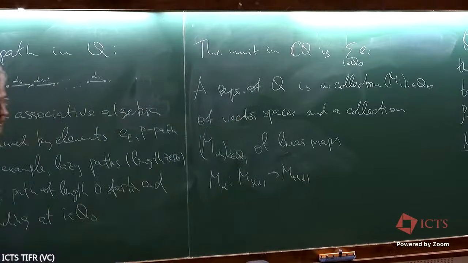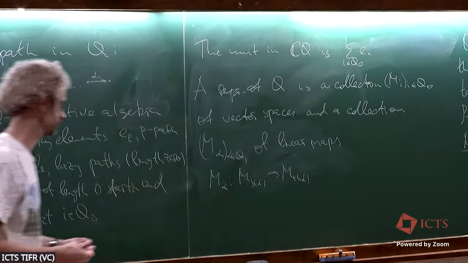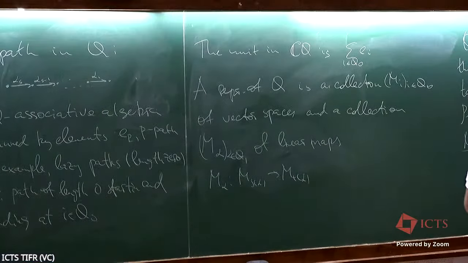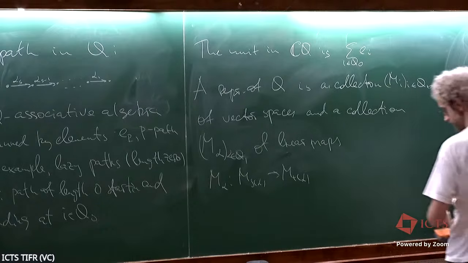So for each vertex you give a vector space, and for each arrow you give a map.